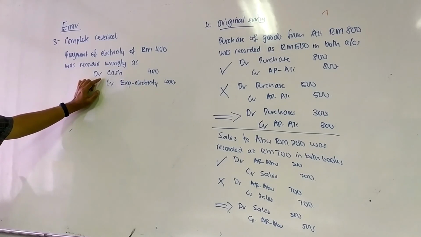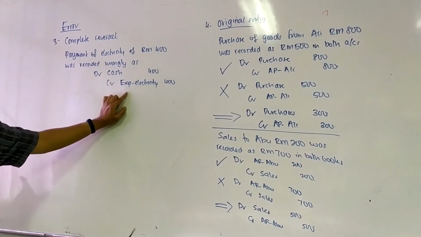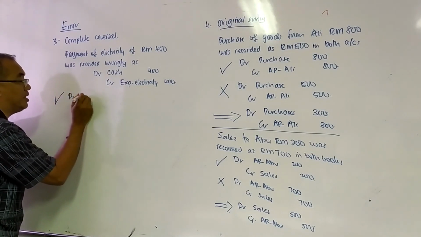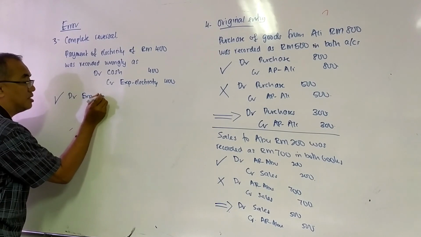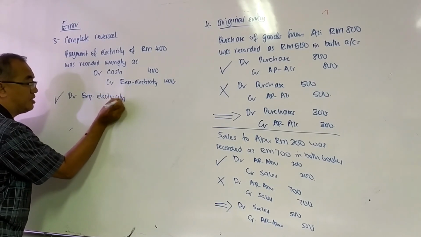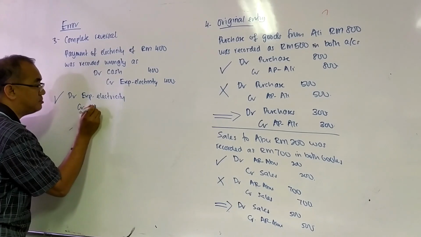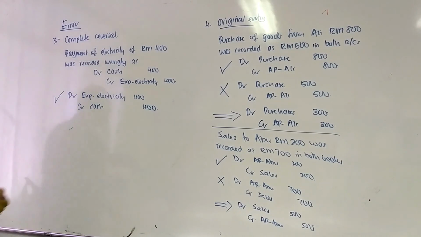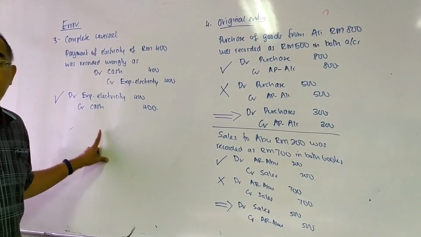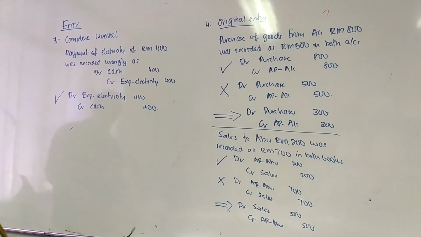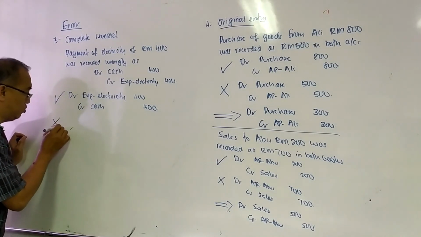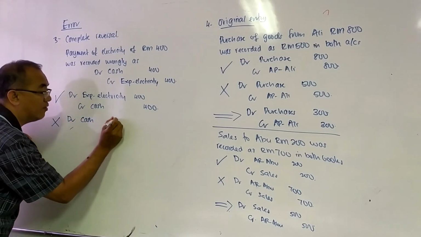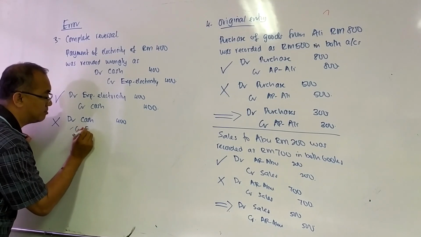What you did was debit cash, credit electricity. It should be debit electricity expense, credit cash. This is the correct journal entry. But you have done it wrong: credit electricity 400 and debit cash 400.